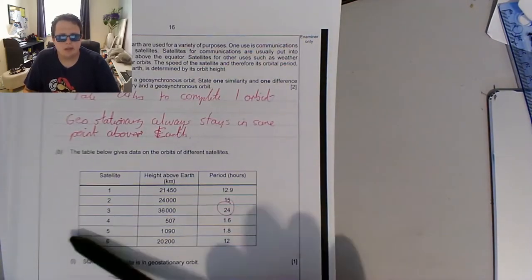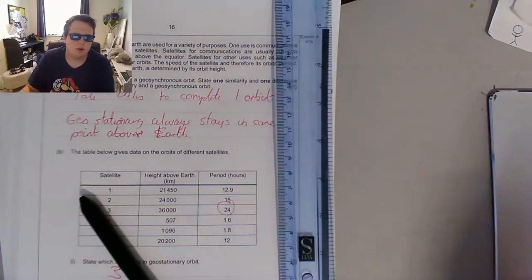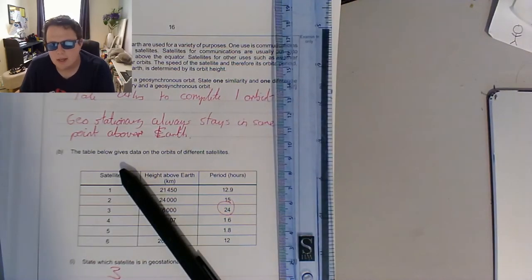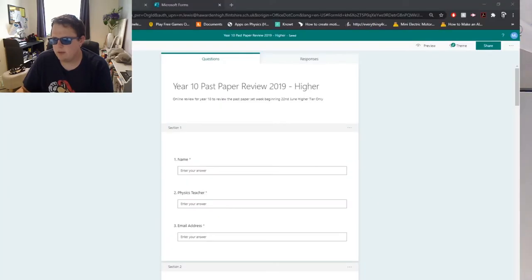So hopefully you've been able to mark your own paper or gone through and been able to see where you got things right, got things wrong, if you sent it in for marking. But now what I want you to do is to do a review. On your email or work this week, you should have also received a link to a Microsoft Forms document.